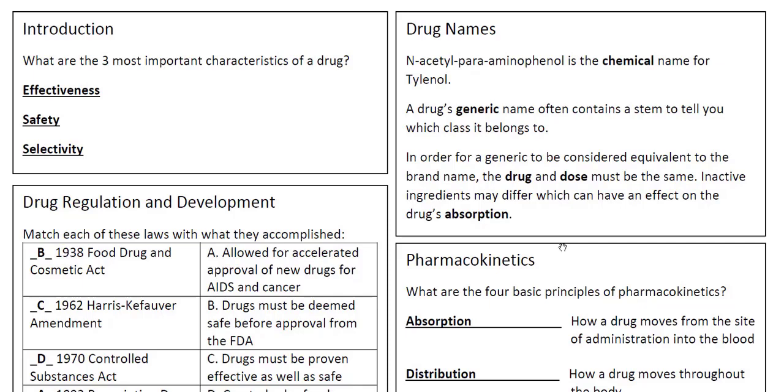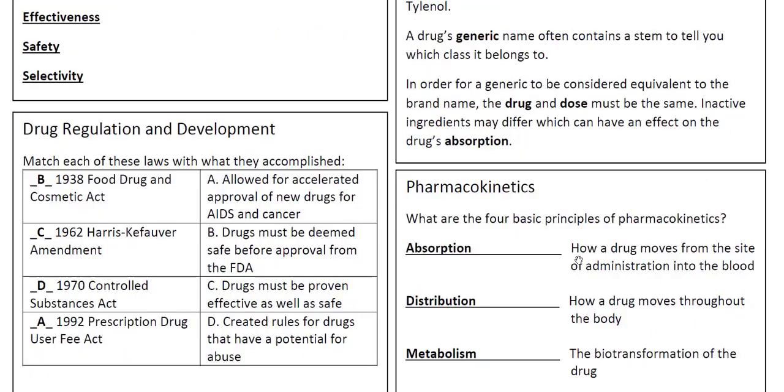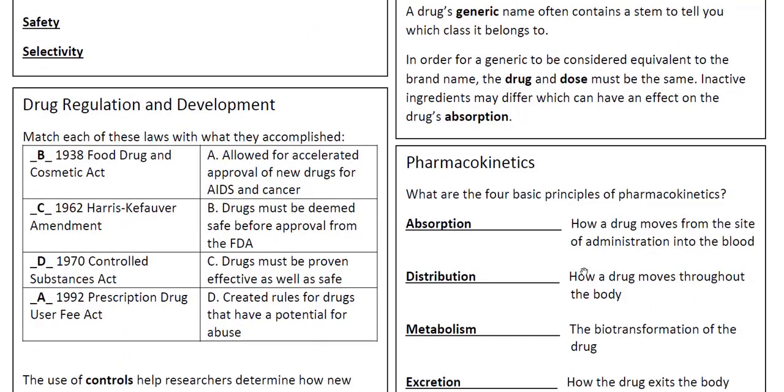To get started, I would like to talk about some history of drug regulation and development. In 1906, the first law regarding drug regulation was passed. The Federal Pure Food and Drug Act of 1906 set quality and purity standards.